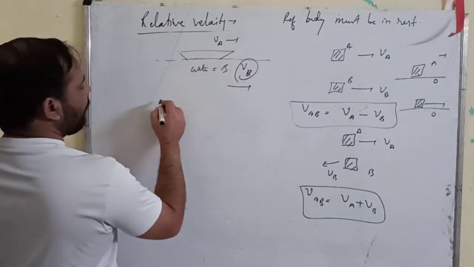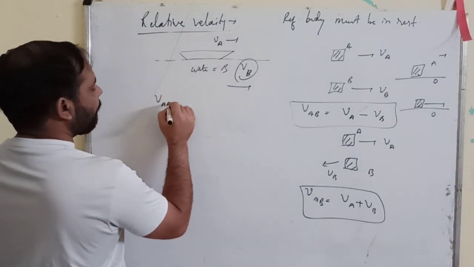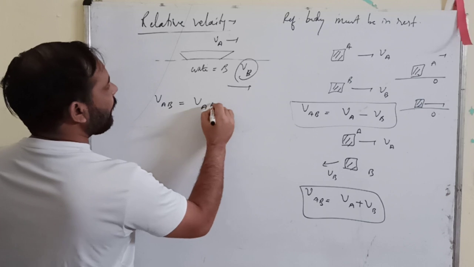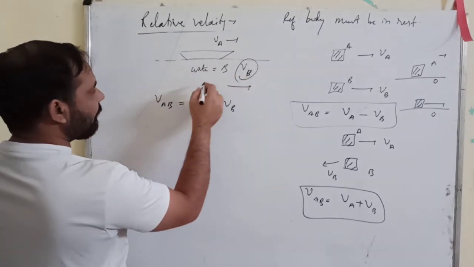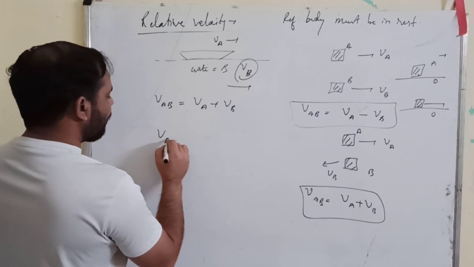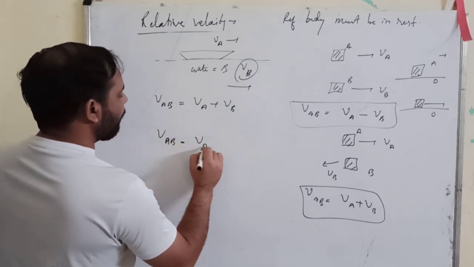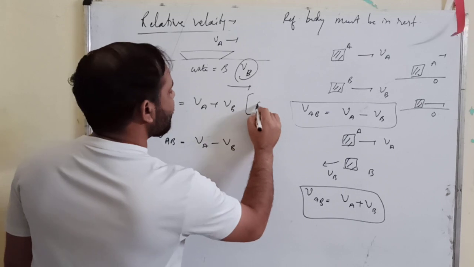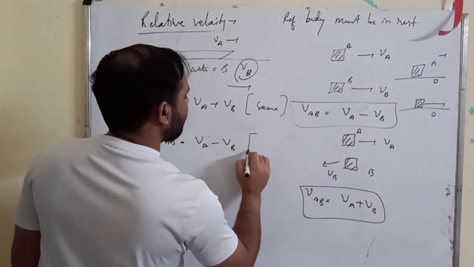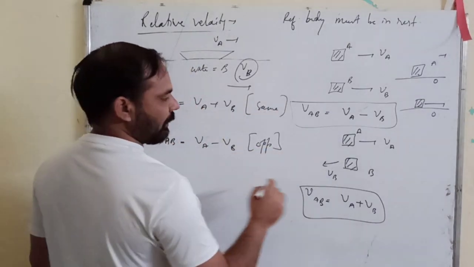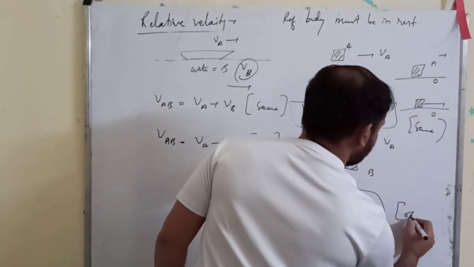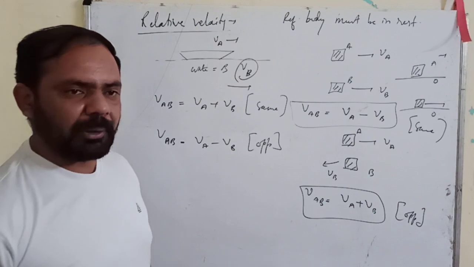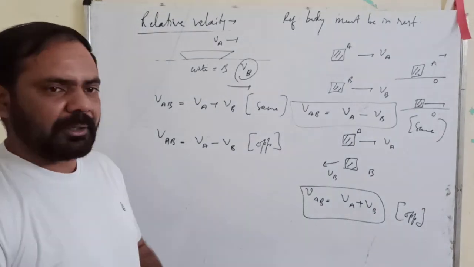In this case, the relative velocity of A with respect to B is VA plus VB if they are moving in the same direction. And if they are moving in opposite directions, then VAB is equal to VA minus VB. So you will have to remember two different conditions.